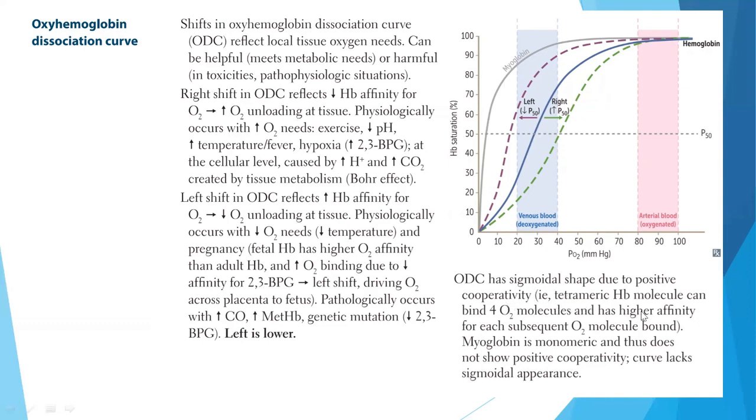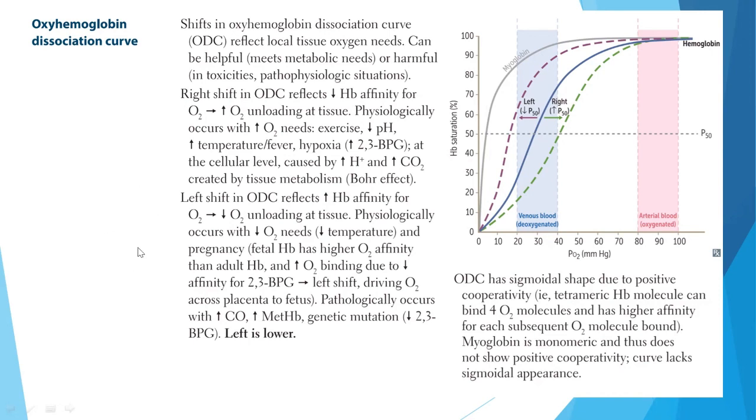For example, you know that one hemoglobin can bind 4 oxygen molecules. What we mean by positive cooperativity is that if the first oxygen binds, then the binding of the second is favored. Also, the third oxygen molecule is more favored.